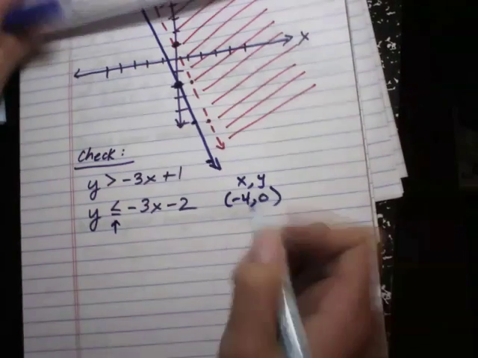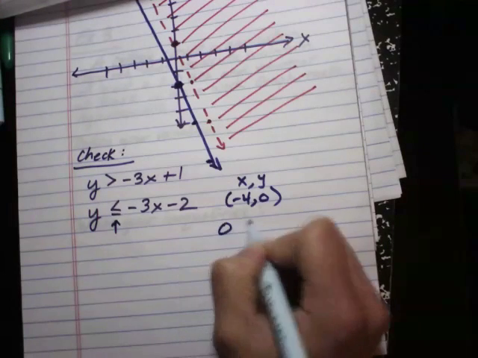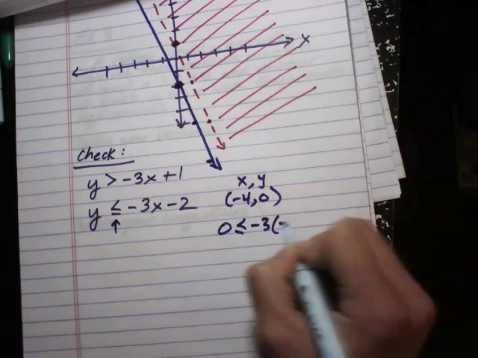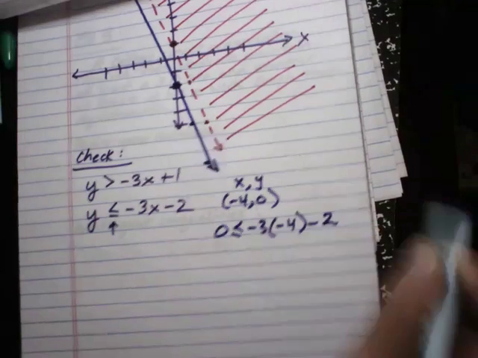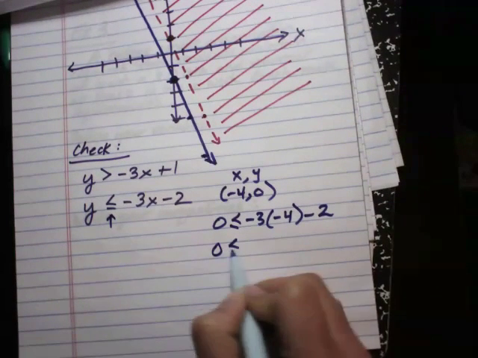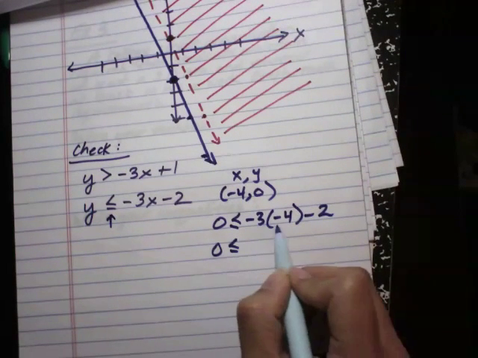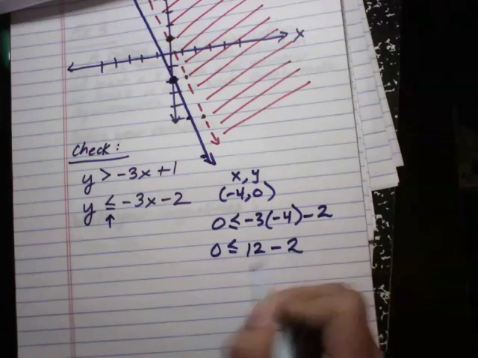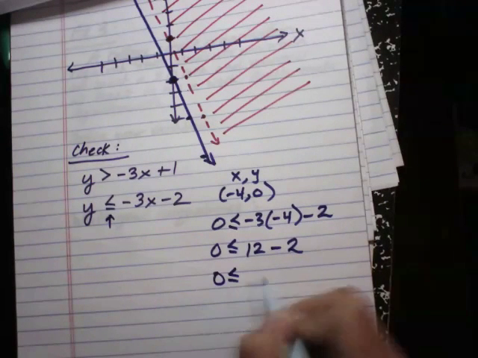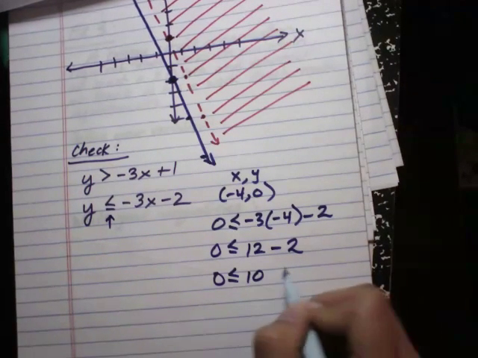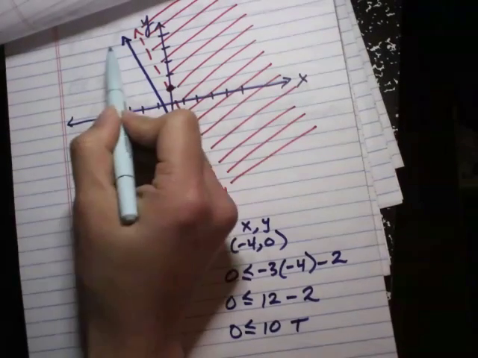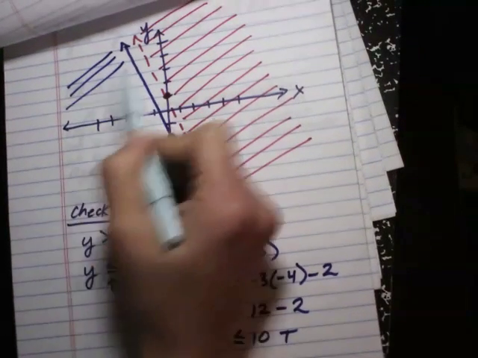We substitute into the inequality: 0 is less than or equal to negative 3 times negative 4, minus 2. Multiplying a negative times a negative, I get a positive, and then I subtract 2. So 0 is less than or equal to 10. This is true, so we are going to be shading here on the left side of that boundary line.